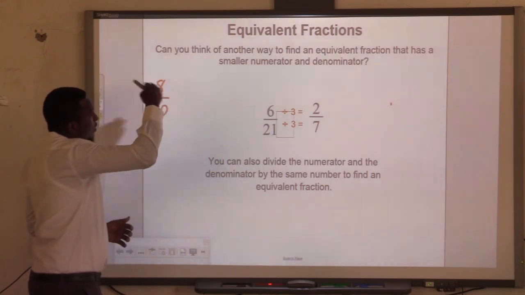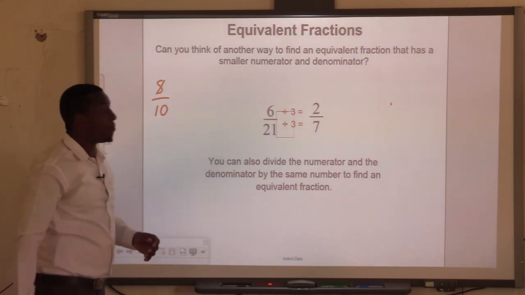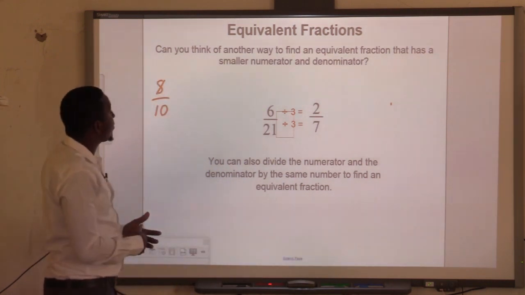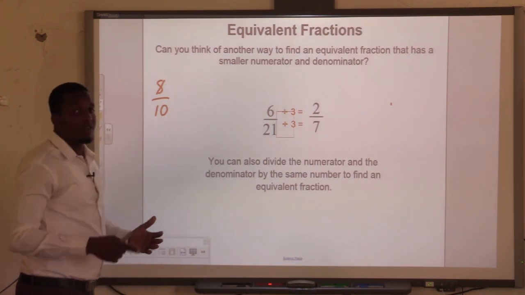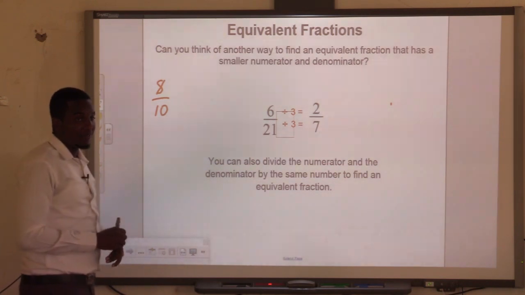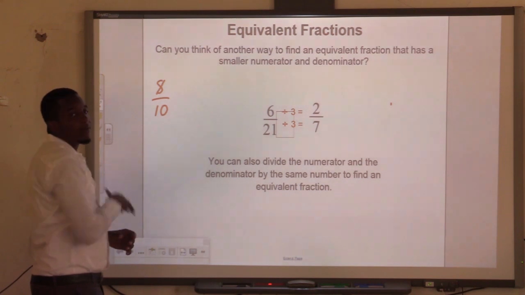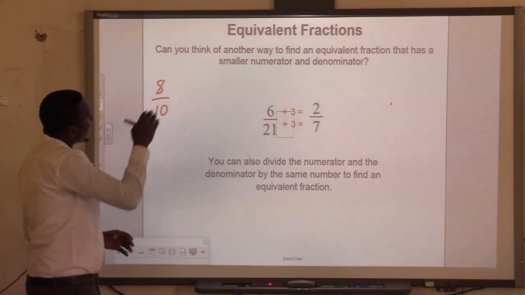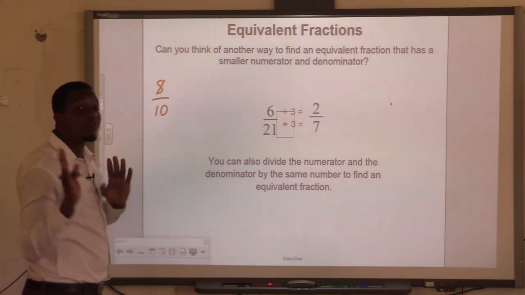You will divide the numerator by a number and also divide the denominator by the same number, and you will have another fraction that has a smaller numerator and a smaller denominator that is also equivalent to the fraction that you have. So in this example, 8 all over 10, what number can we use to divide 8 and 10 without any remainder? Of course, when you're dividing them, you make sure there is no remainder.